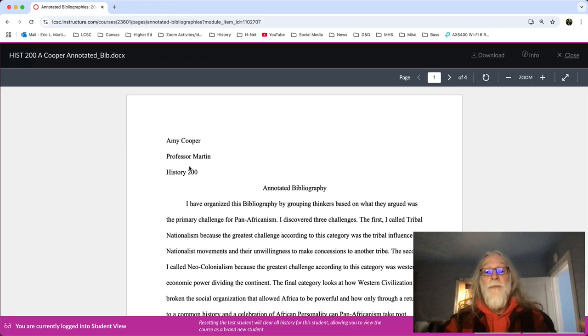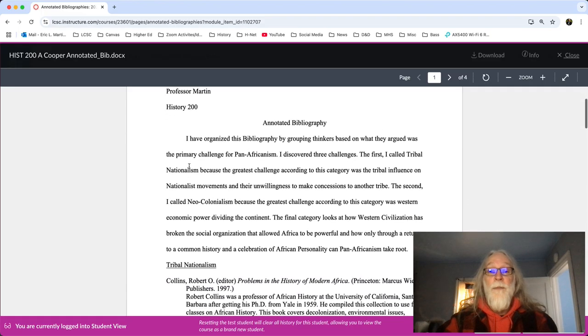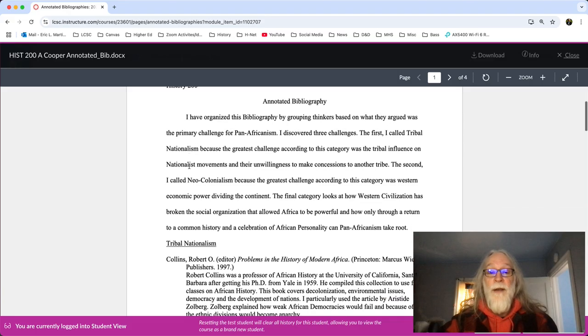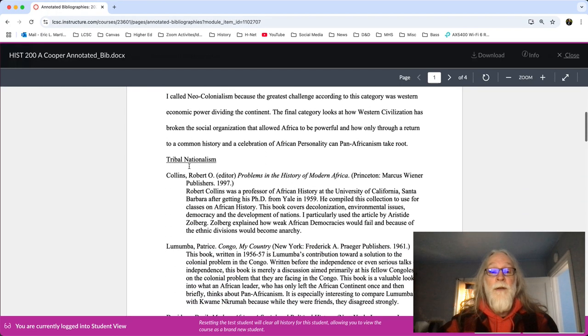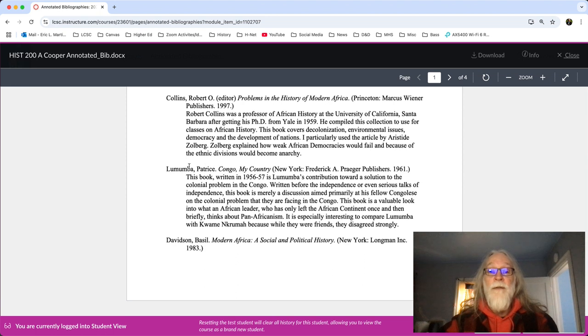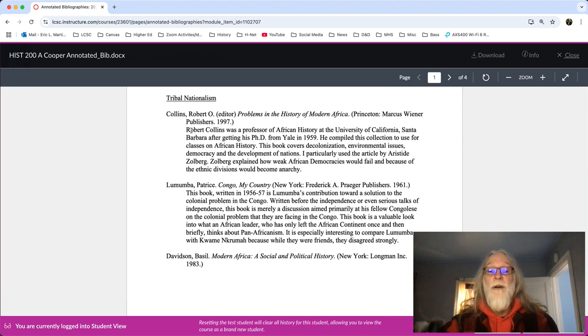So, she's got a paragraph here describing her organization of the bibliography. This is focused on African Pan-Africanism. And then she's got a little breakdown of each of the books.